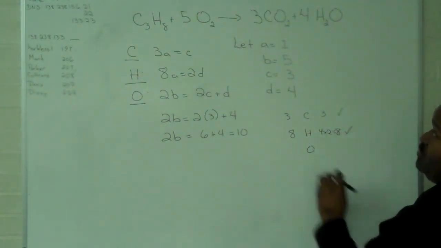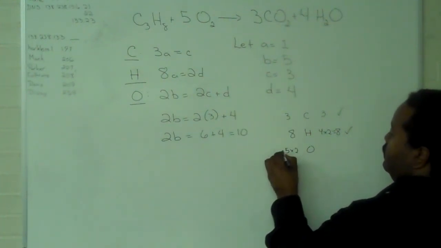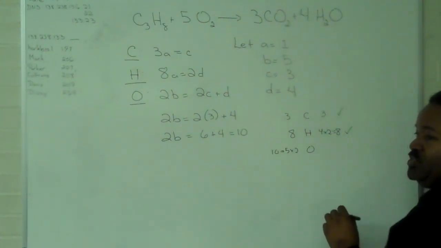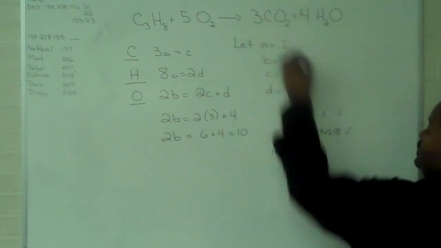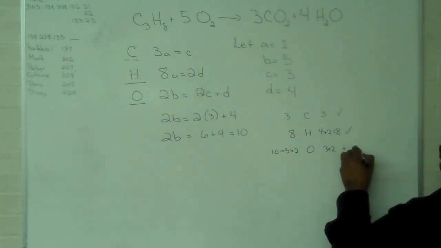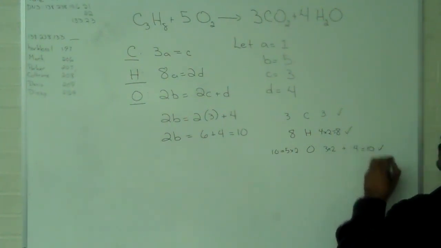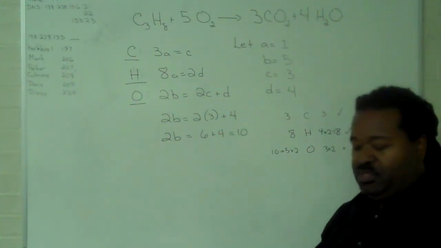So hydrogen checks out. 5 times 2 gives me 10 oxygens as reactants. 3 times 2 plus 4, this is 6 and 4, that gives me 10 oxygens as products, and so everything checks out.